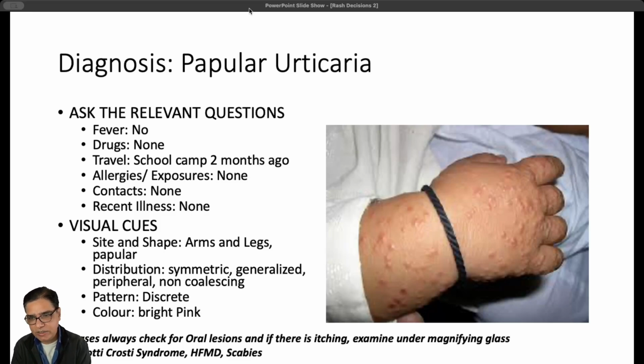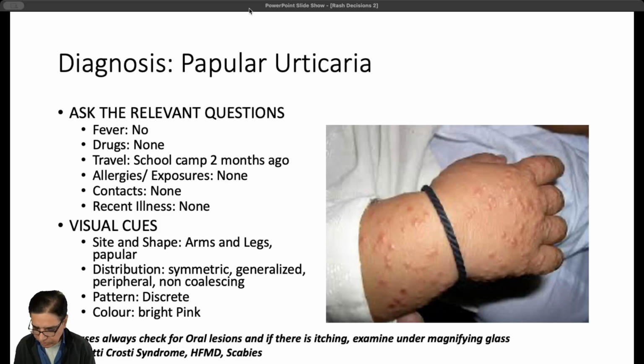So a rash which looks like papular urticaria but is non-itchy, and the key here is non-itchy and generalized, we call it papular acrodermatitis of childhood. There is a term for that. We also call it Giannotti-Crosti syndrome.